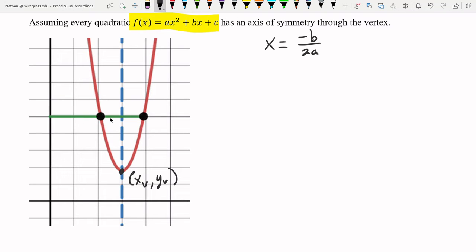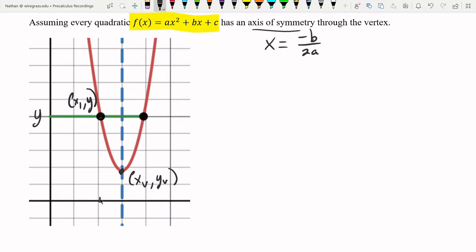And if we're assuming that every quadratic has an axis of symmetry through the vertex, that means if I take some y value here, and I find this first point, then if I go directly across to the right, across the axis of symmetry to the function again, these 2 points have the same y value.